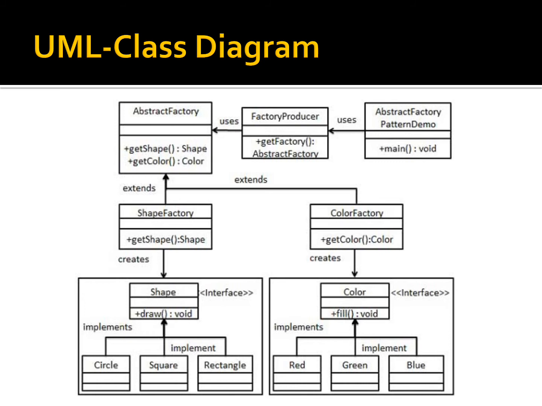The user will send the request of the product to the producer class, and the producer class will produce the factory depending upon the type of the product. Let's say if the user requests a specific color, then the factory producer will produce the color factory, and if the user requests any kind of shape, then the factory producer will produce the instance of the shape factory class. So now the decision making is also being handled at the factory level.